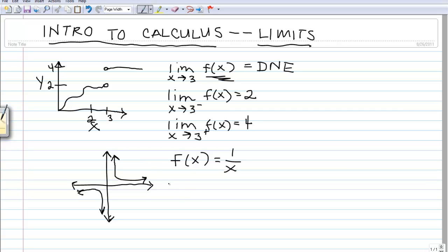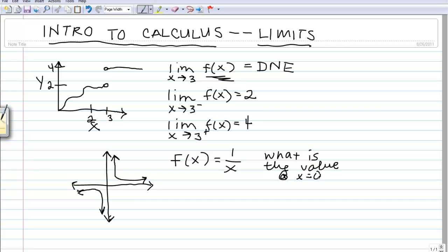Okay, so now we're going to try to find the value at, that's an at symbol by the way, at x equals 0.